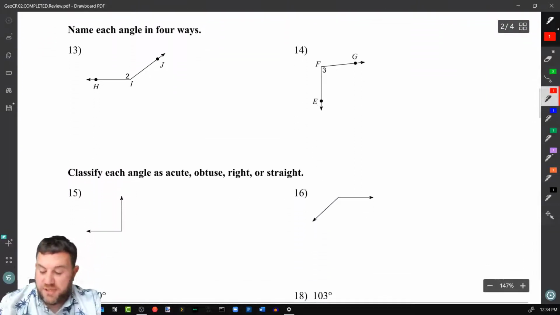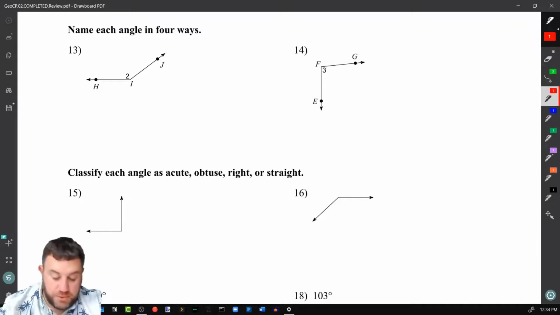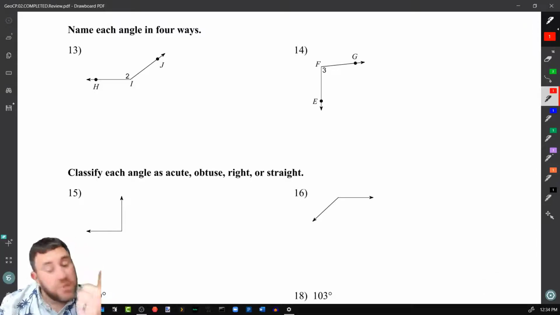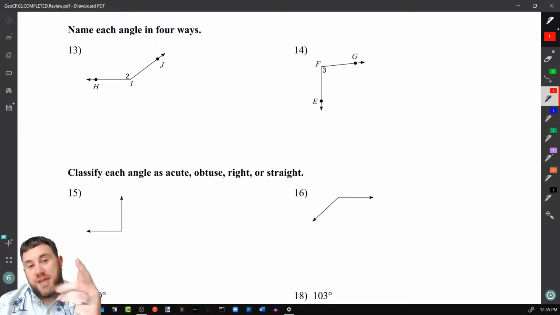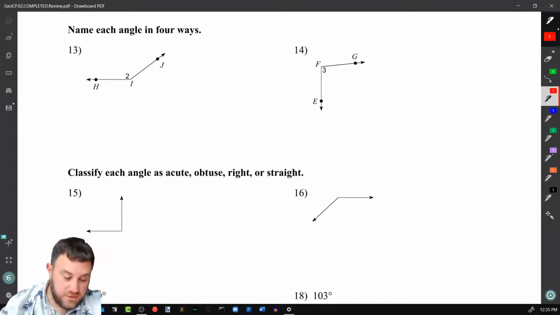All right, 13 and 14, we're just wanting to name our angle, but we want to do 4 different ways to do it. Remember, we can do a number if they're given numbers. We can do the vertex by itself. Sometimes, both of these you can do that on. Then we can use 3 letters with the vertex in the middle, and it can go either direction. So that counts as the 3rd and 4th way.